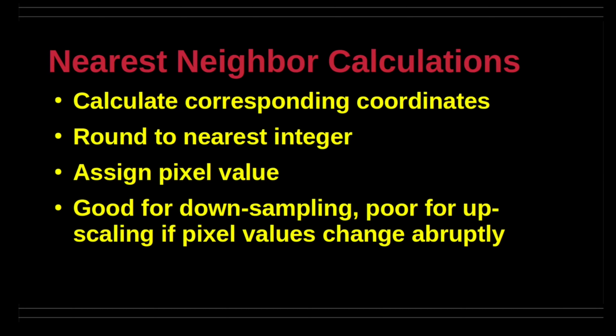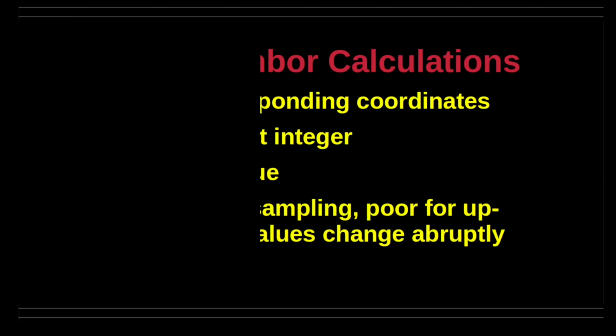Assign pixel value. Assign the pixel value from the original image at the rounded coordinates to the corresponding pixel in the new image. It is popular for downsampling owing to its simplicity.